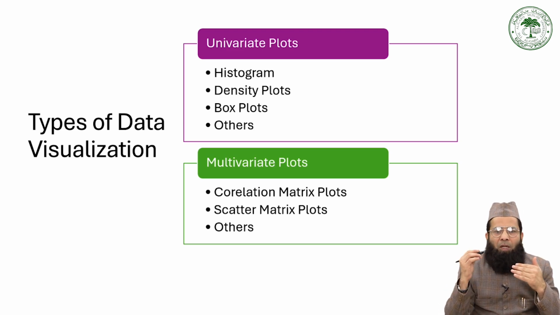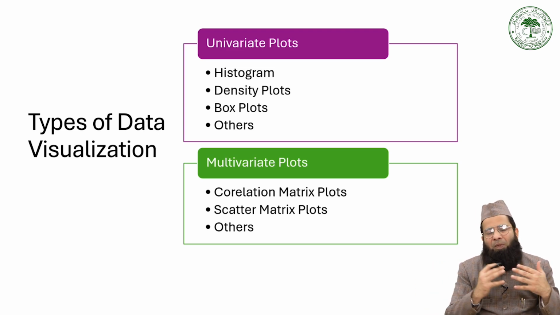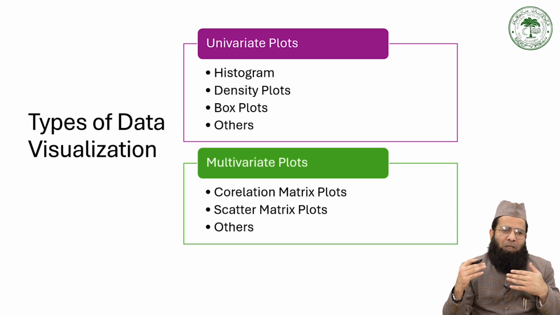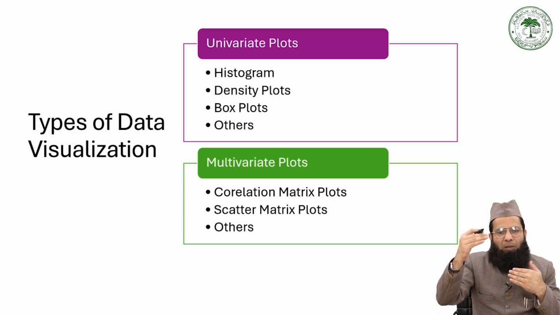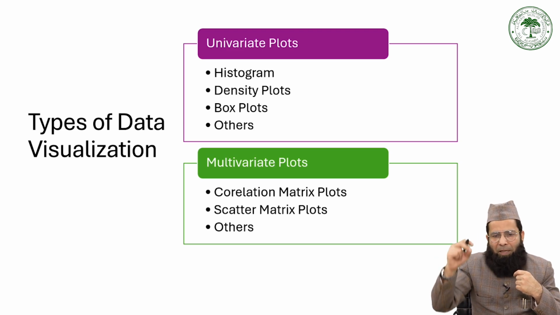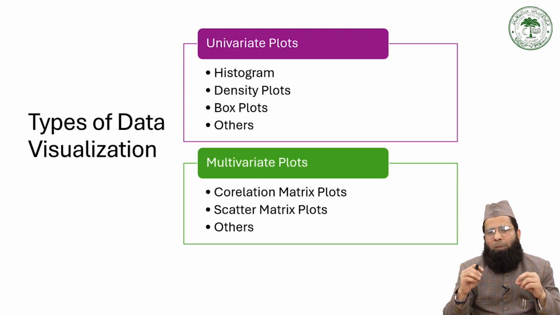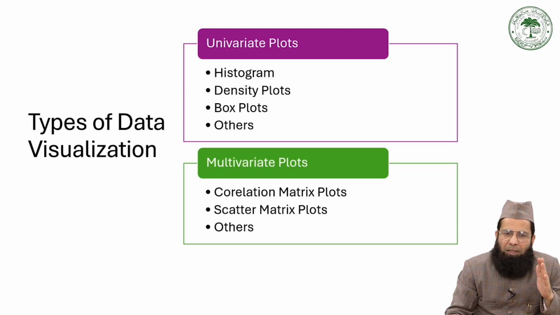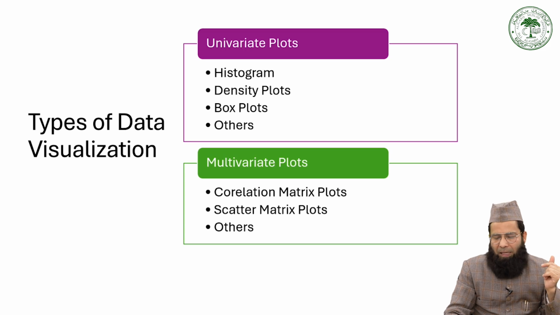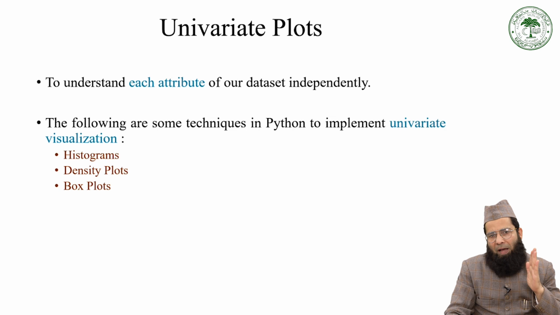If you want to see the relationship between age and blood pressure level, or how age is affecting things in the diabetic data set, so if we want to correlate two or more features, we will use multivariate plots. Under this category we have correlation matrix plots, scatter matrix plots and others that we'll discuss.